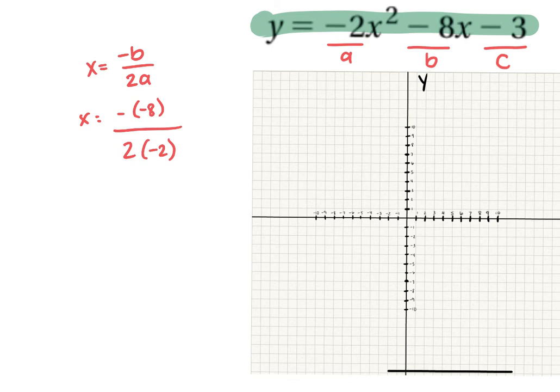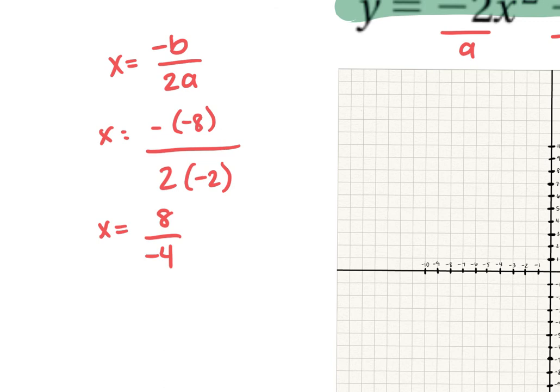Let's simplify this. Victoria, you're up. And then Elijah, help me out. How can I simplify 8 over negative 4? So this would actually be 4 over what? Negative 2. Does that simplify even more? To what?